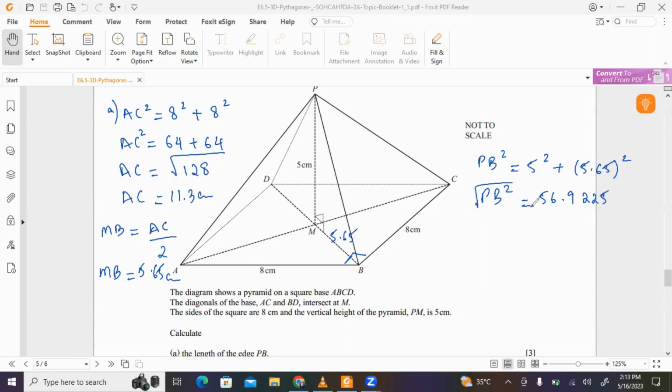And then we take the square root on both sides, and that gives us 7.54. That is PB.